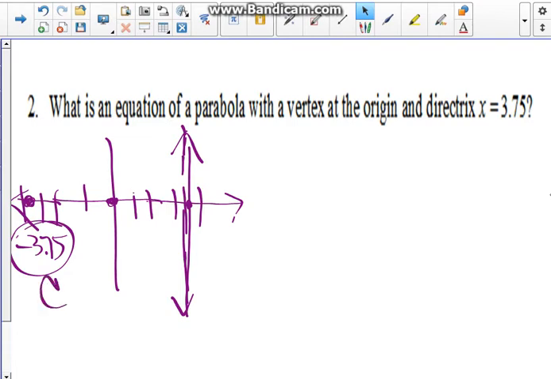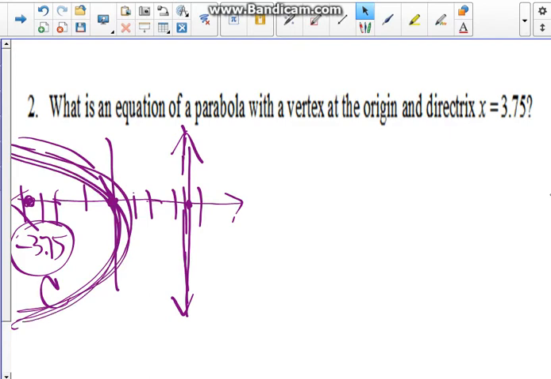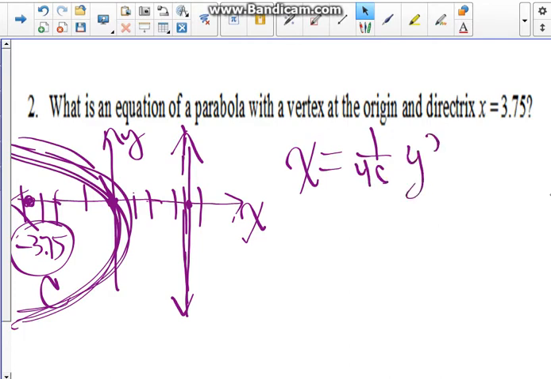That's our c value. Because that focus always sits inside our parabola, it would be going this way. So if we squish this down, it would squish down on the x-axis. So it is a horizontal axis. That means everything's going to start with x equals 1 over 4c like the other, but we're just switching the x and the y. Y squared.